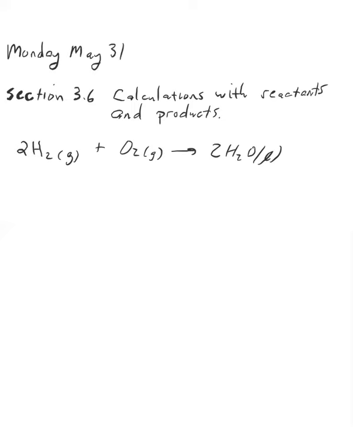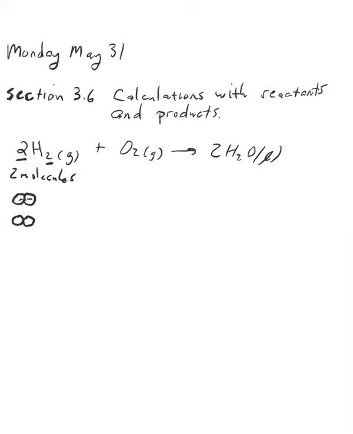So there are different ways to interpret quantitatively what this means. So one interpretation is that 2 molecules of H2, right? So that 2 means there's 2 of them. So here's an H2, here's another H2. That's the meaning of 2H2. The subscript is that they're attached to each other.